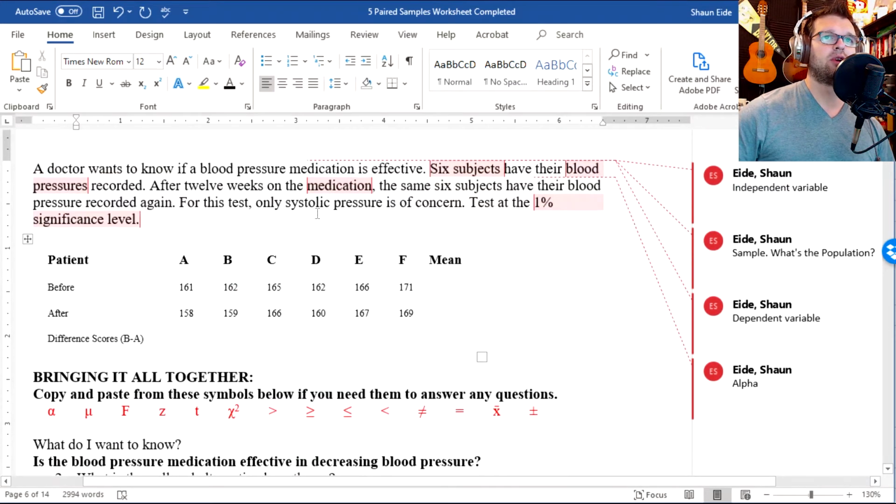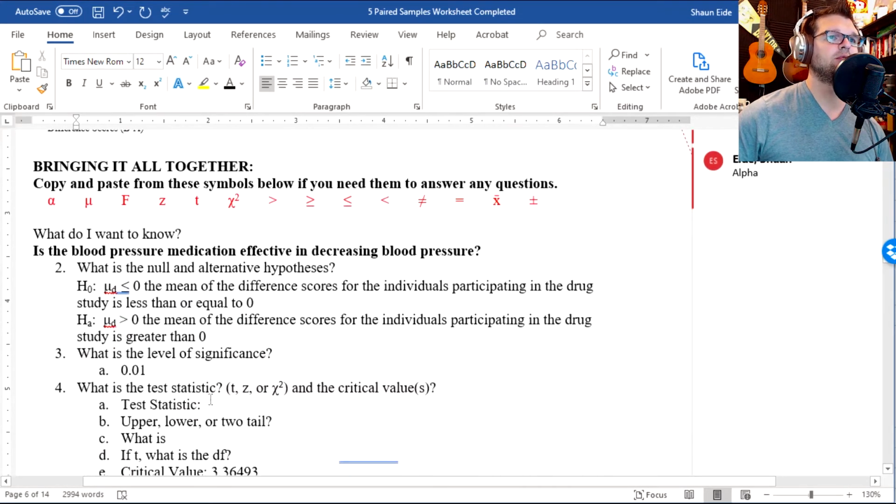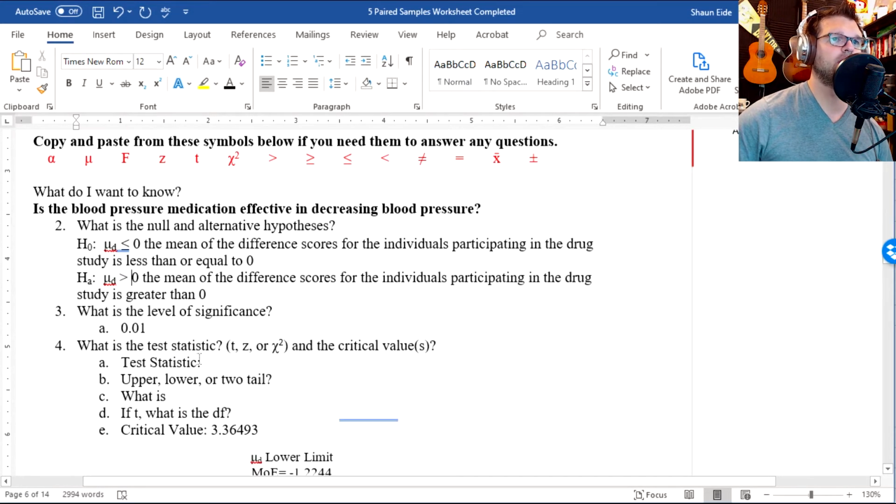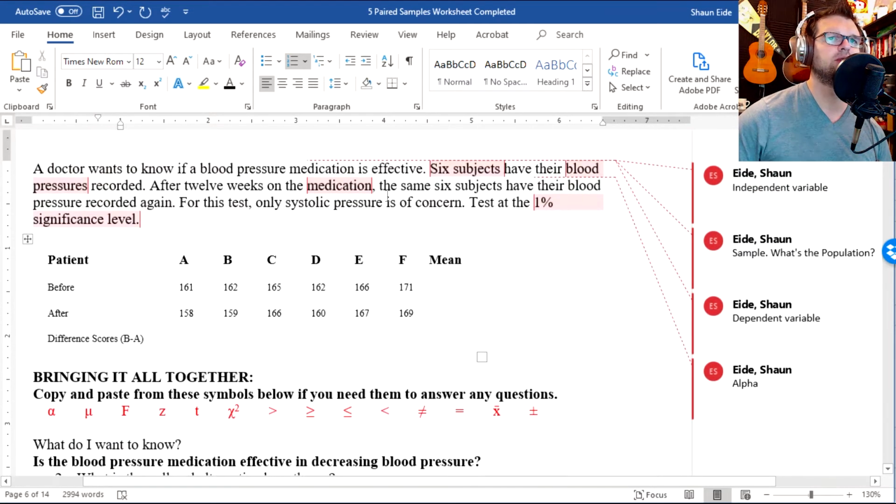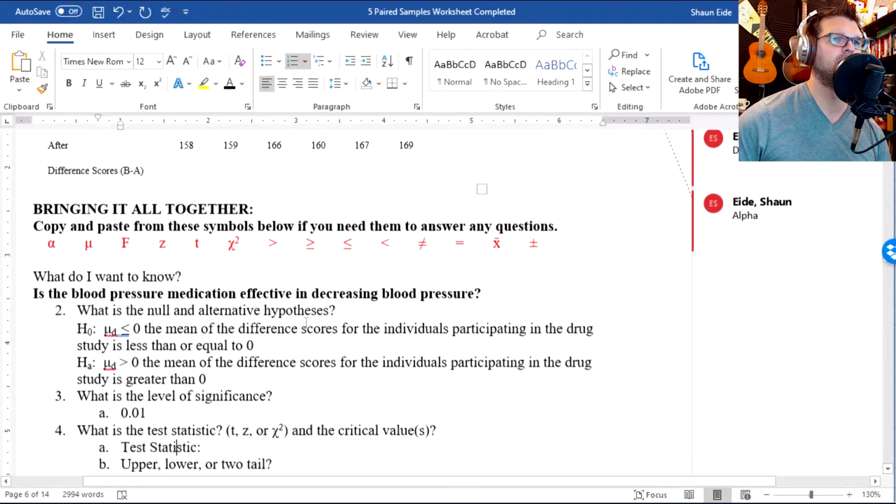So what is the level of significance? Coming from right up here, still 0.01. And now we're going to get into the test statistic, upper, lower, and so on. So what is our test statistic? Coming up here, once again, do we have the population standard deviation? No, we do not. We've got 6 subjects, so we don't have degrees of freedom above 200.